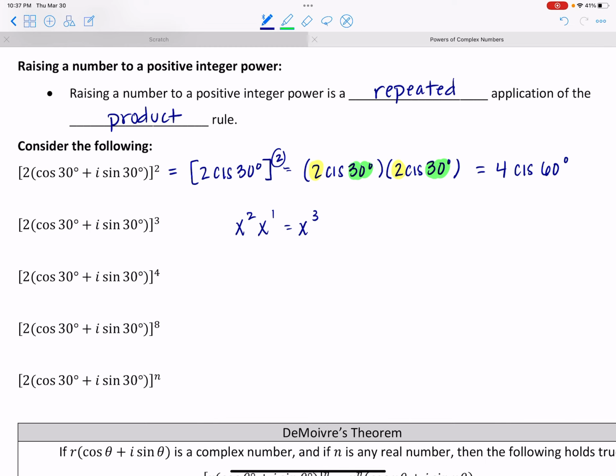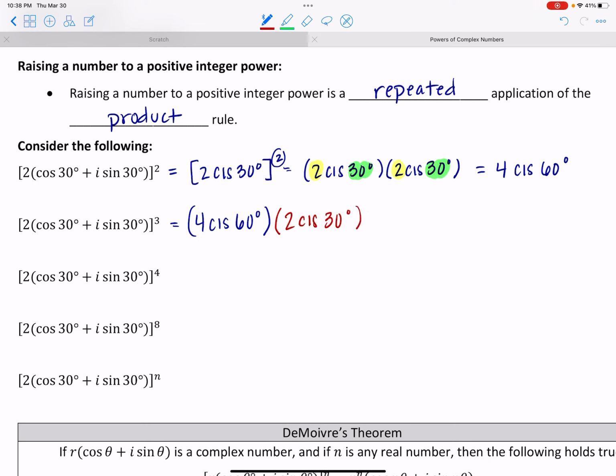So I can literally take the result, multiply it by another factor of itself, and get to that x to the third power. So that's what I'm going to do. I'm going to take the previous. We said 4 cis 60. That's what we just got. We're going to take that and multiply by another factor of itself. So now I'm going to multiply by another 2 cis 30.